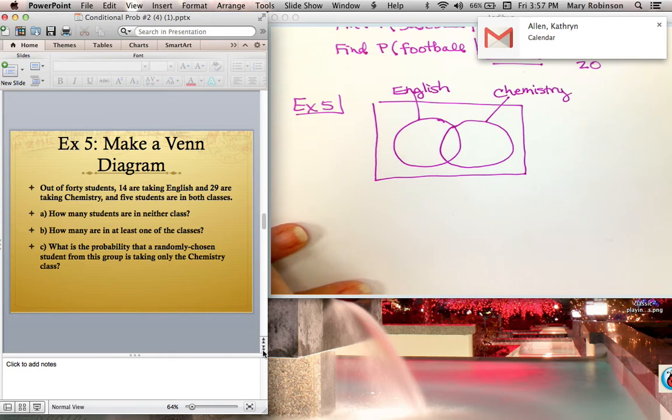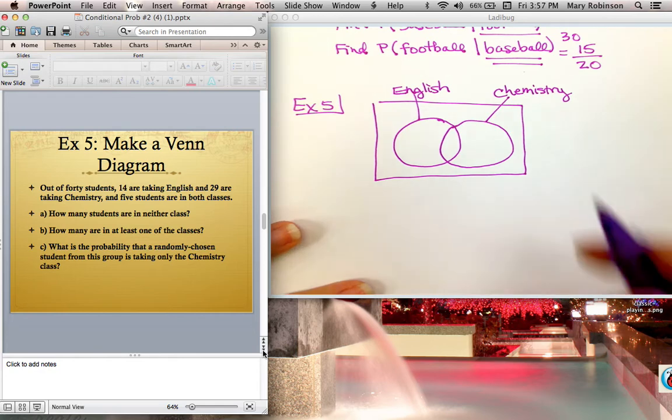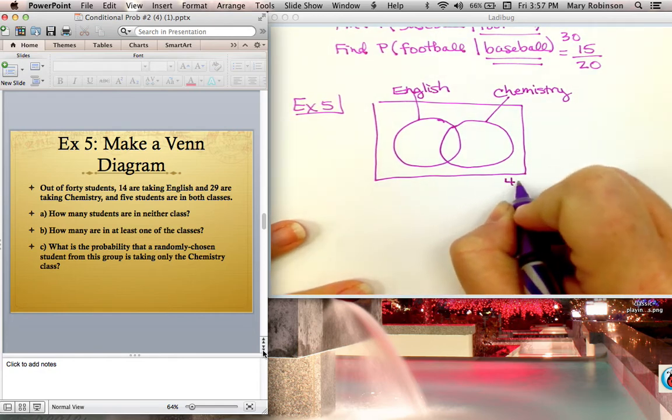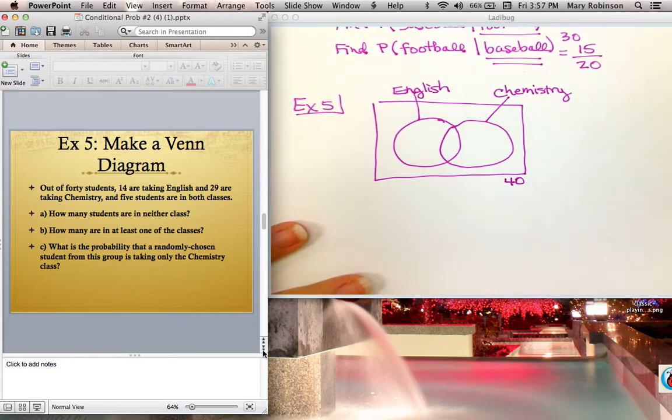So out of 40 students, the 40 students tells us our sample space size, 40. Again, 14 are taking English and 29 are taking chemistry.